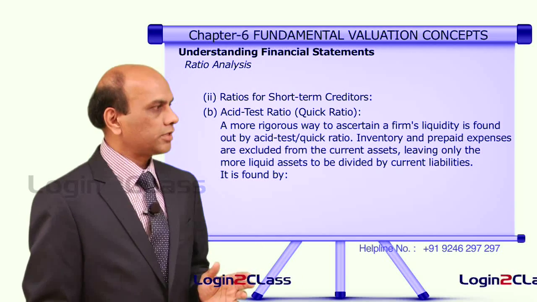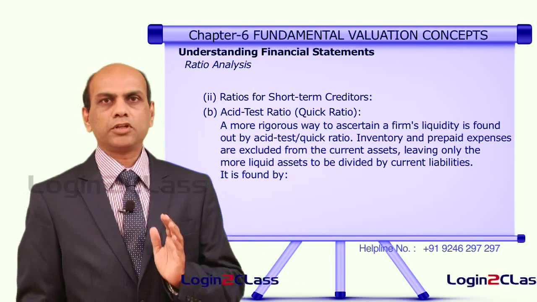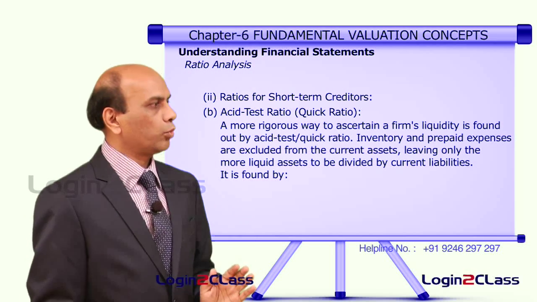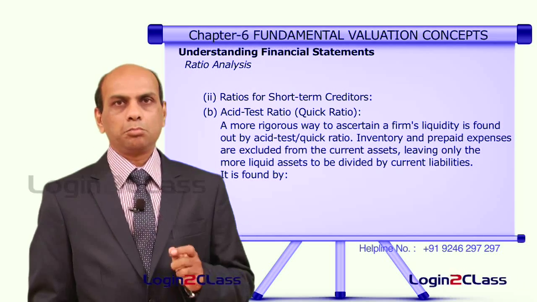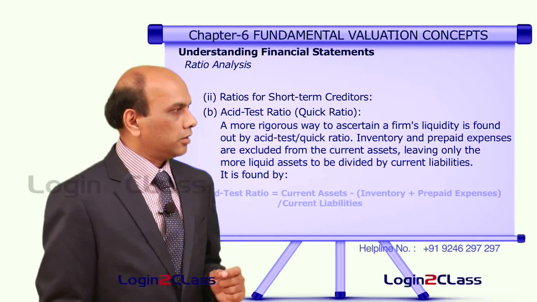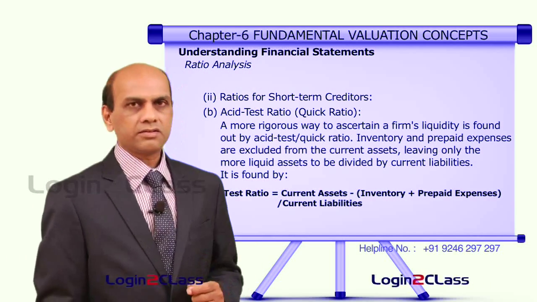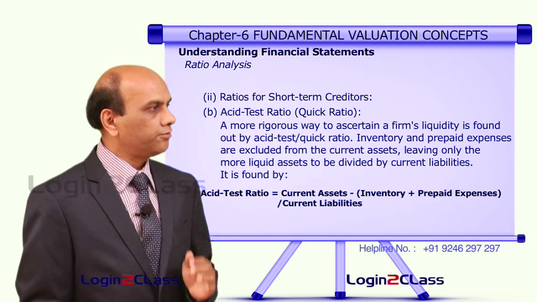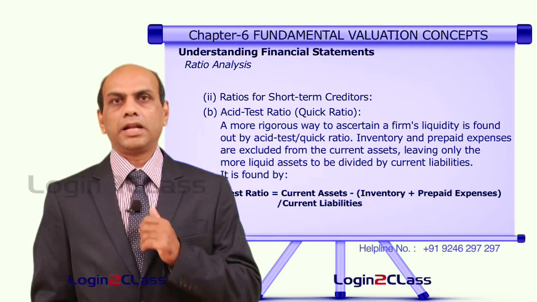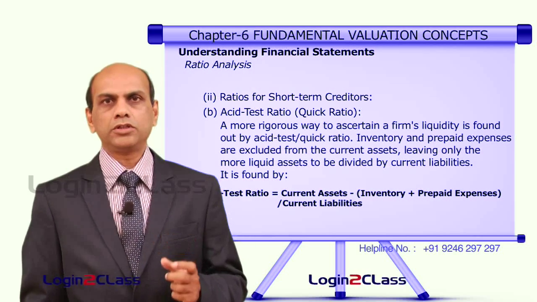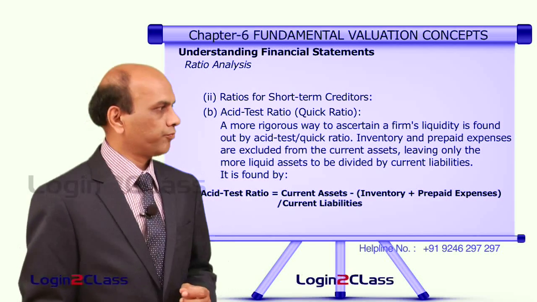Inventory and prepaid expenses are excluded from the components of the current assets, leaving only more liquid assets to be divided by the current liabilities. It is found by current assets minus inventory and prepaid expenses divided by current liabilities. This will give you a more liquid ratio of this particular company.